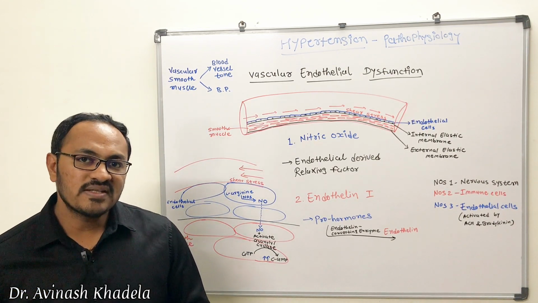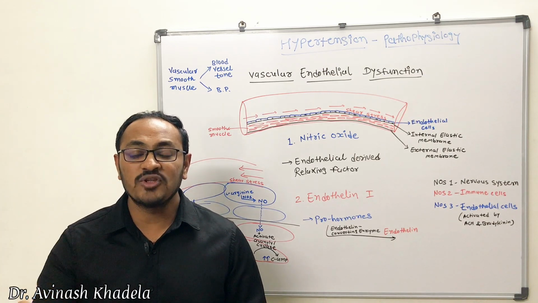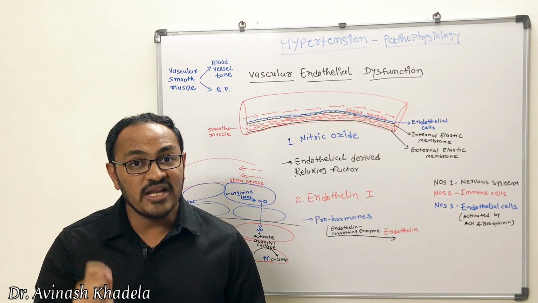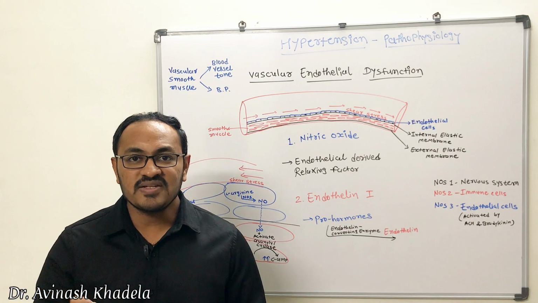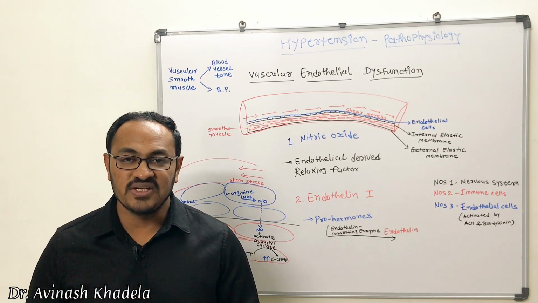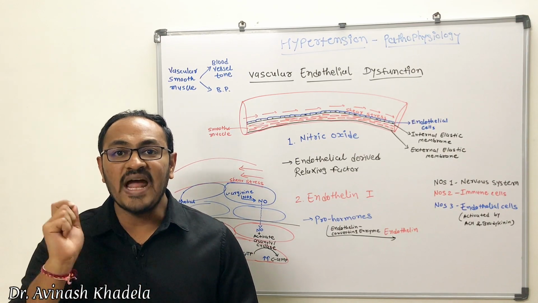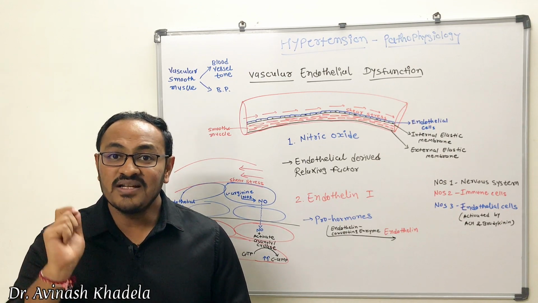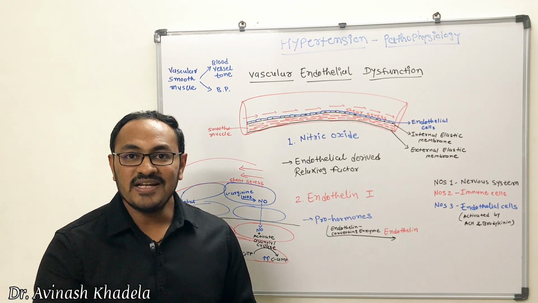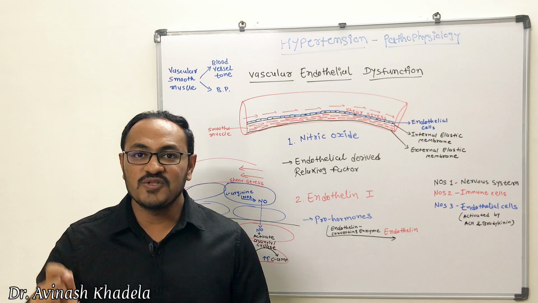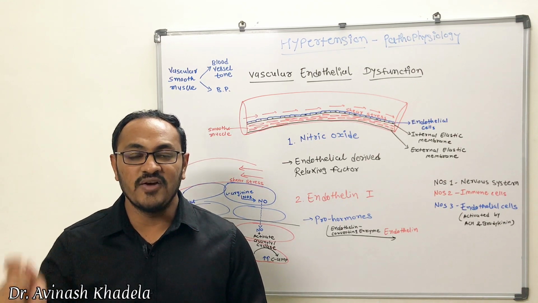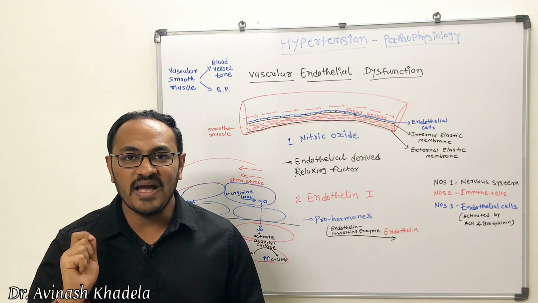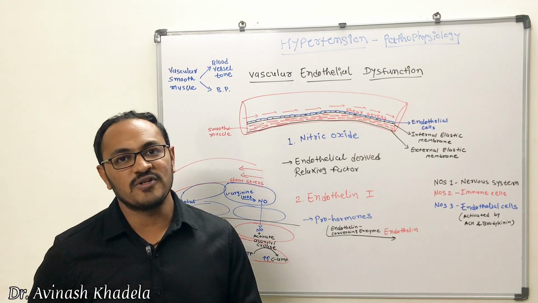Today, we will discuss vascular endothelial dysfunction, which is very important in understanding the pathophysiology of hypertension, where because of endothelial damage, there is a disturbance between certain vasodilatory and vasoconstrictory components released from the endothelial cells of vascular smooth muscle.